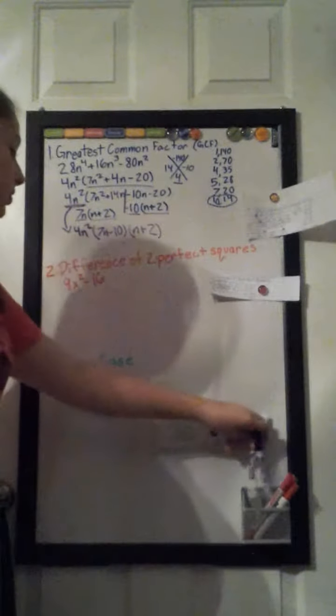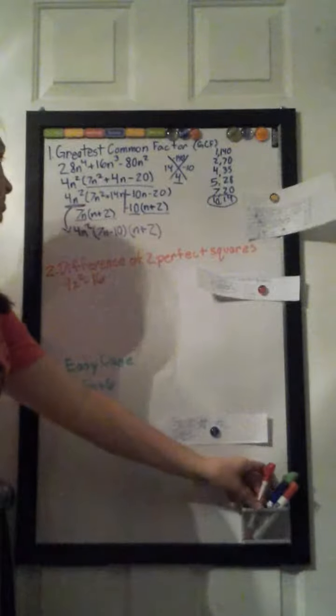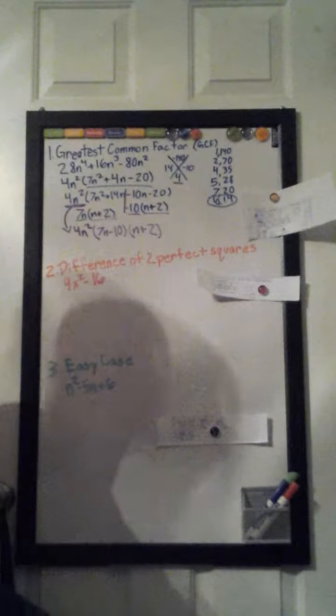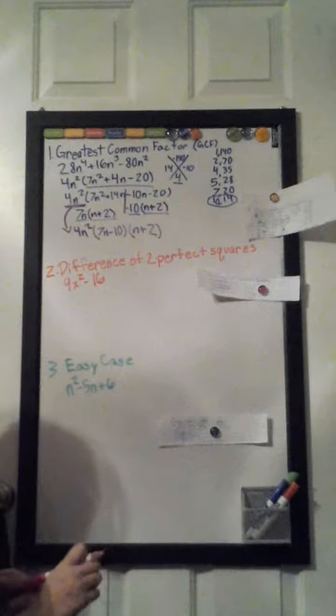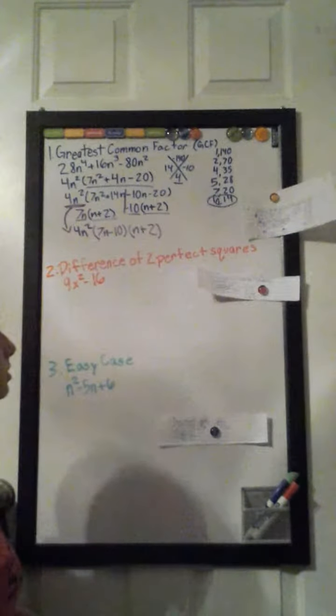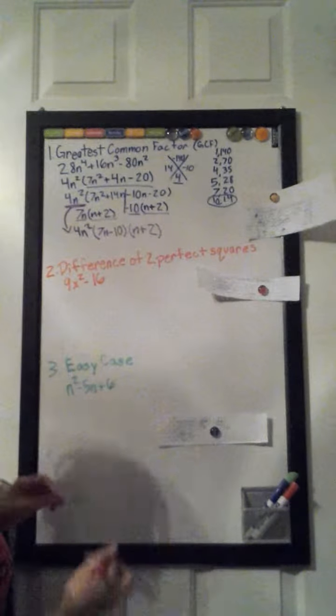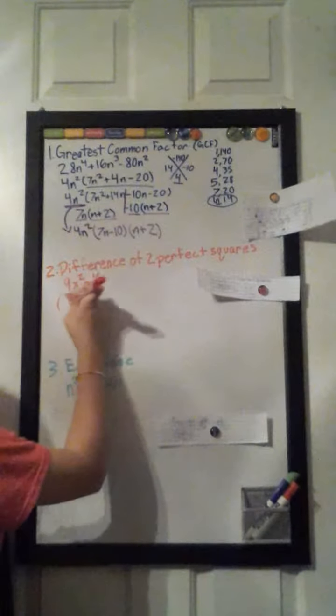For the second factoring, I'm going to do the difference of two perfect squares. The equation I chose was 9x squared minus 16. Here you go ahead and lay out your parentheses.